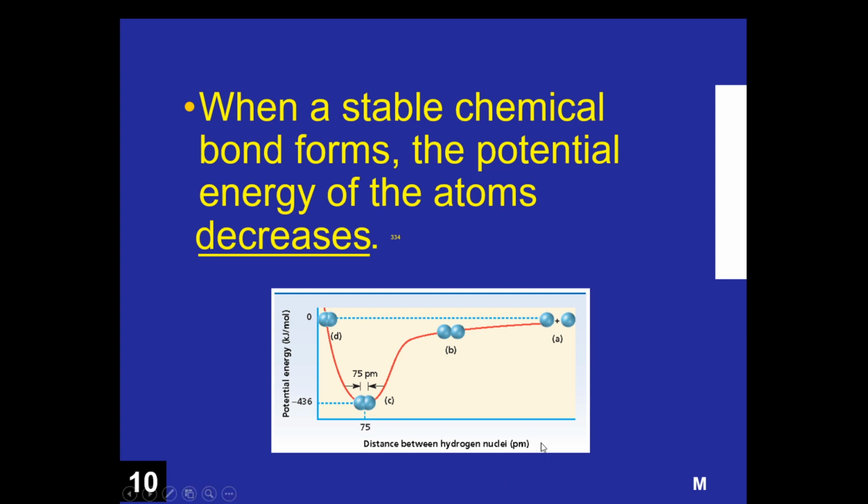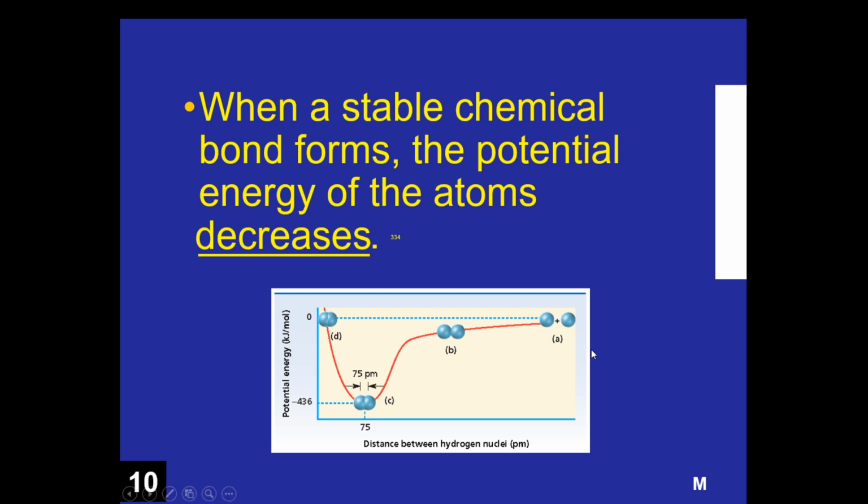When you get down to C, that is where you have the optimal amount of attraction. In this case, it's 75 picometers between them. That's the distance between the hydrogen nuclei. And if you were to get any closer, then the energy becomes unfavorable. The key thing to note here is that the bonds form when you have the lowest potential energy.